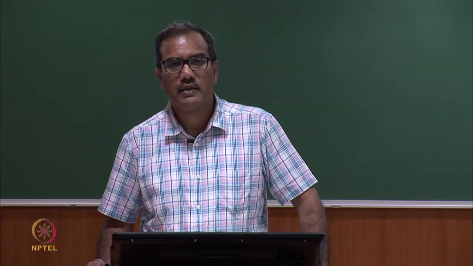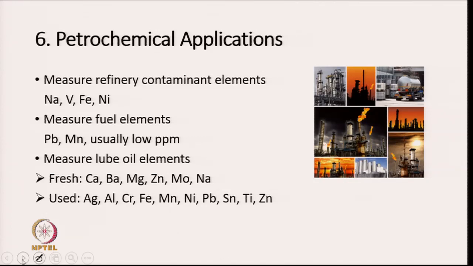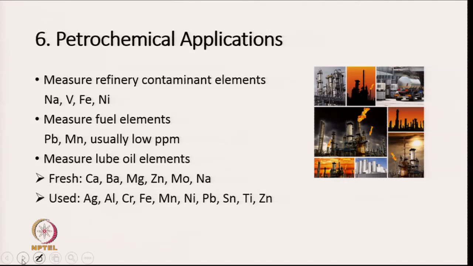Metal analysis is quite often done in the petrochemical industry. Here, atomic absorption spectroscopy or atomic spectroscopy techniques are used to measure refinery contaminant elements such as sodium, vanadium, iron and nickel.